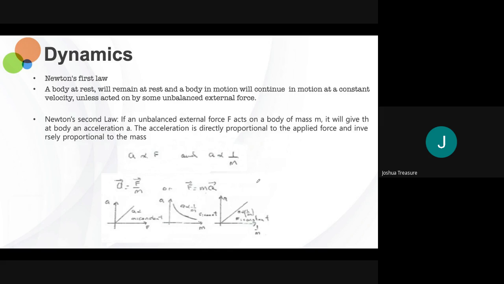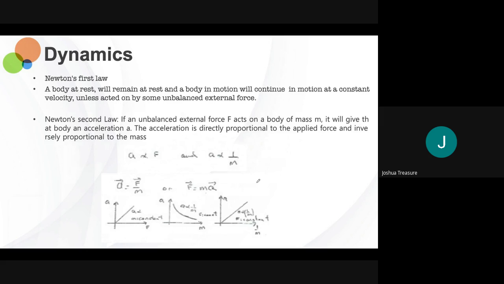All right. Newton's second law, on the other hand, says that if an unbalanced external force F acts on a body of mass M, it will give that body an acceleration A. Right, so let me say it again.